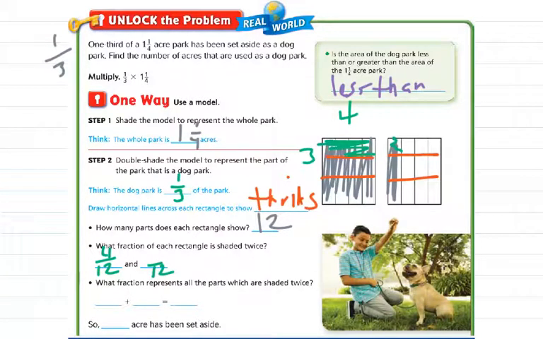However, this time we only have one of them double shaded. What fraction represents all of the parts that are shaded twice? Well, we would say 4/12 plus 1/12 is equal to 5/12. So 5/12 acres has been set aside for the dog park.